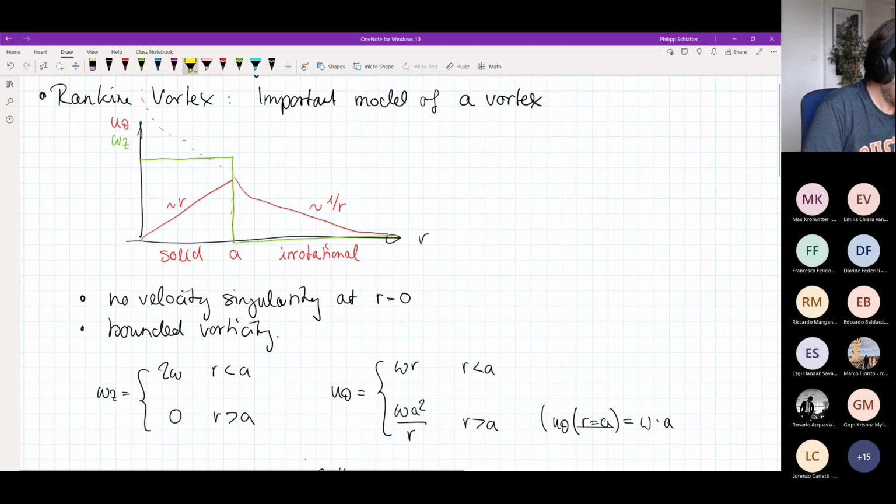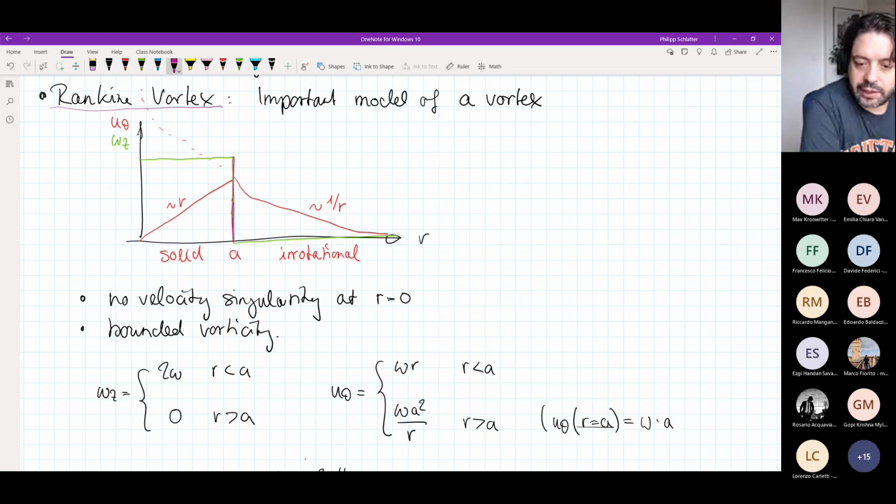So last time we talked about vortices in the beginning. In particular, we talked about one specific vortex model that is called the Rankine vortex, which was devised by Rankine some time ago. And the idea with the Rankine vortex is that you define a certain size of the vortex.